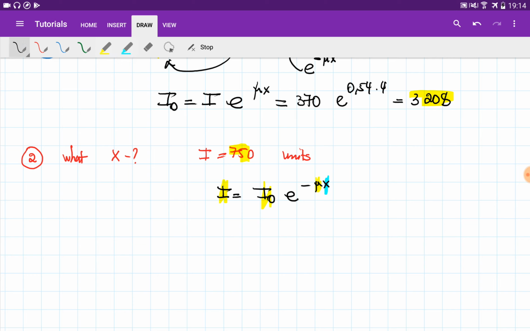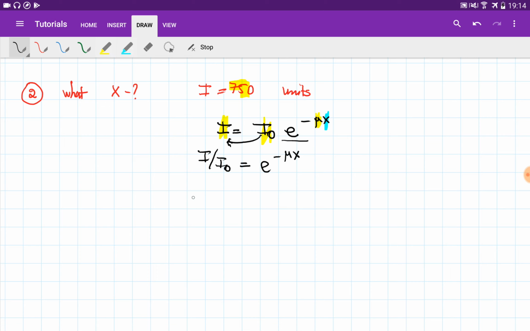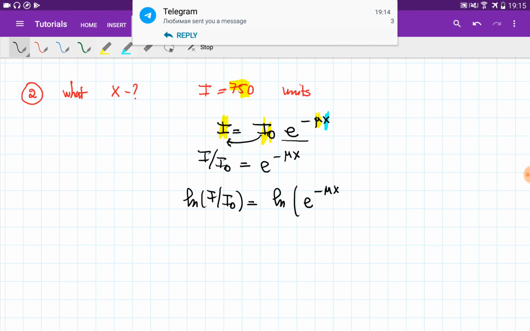In order to find this, we just need to get rid of the e. So I over I0 is equal to e to the power of minus mu x, since I0 goes to the left-hand side. We take ln of both parts. It's going to be ln of I over I0 is equal to ln of e to the power of minus mu x.